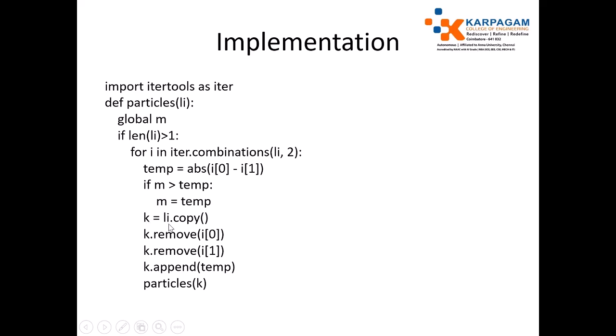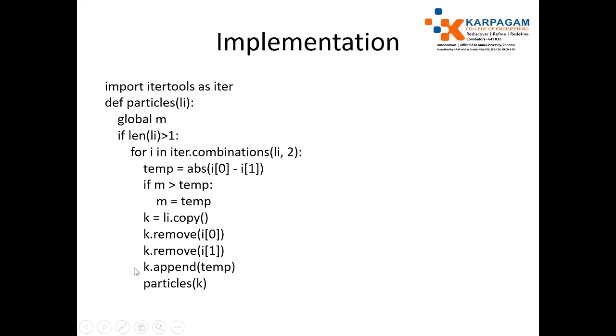Now the list is copied to k. I remove the first value and second value and append the absolute difference value to the list. Again I am recursively calling the function by passing the values.